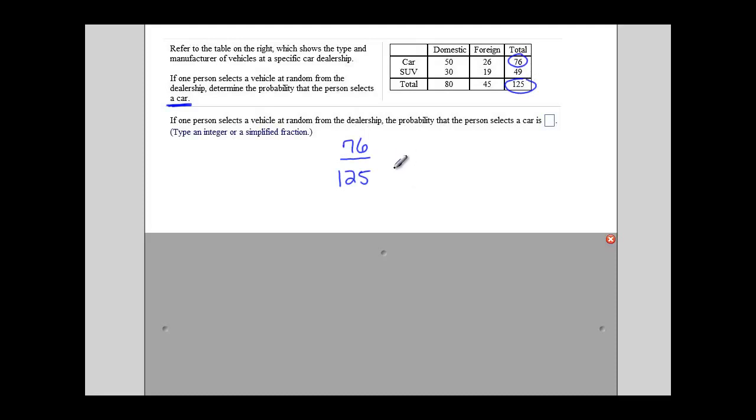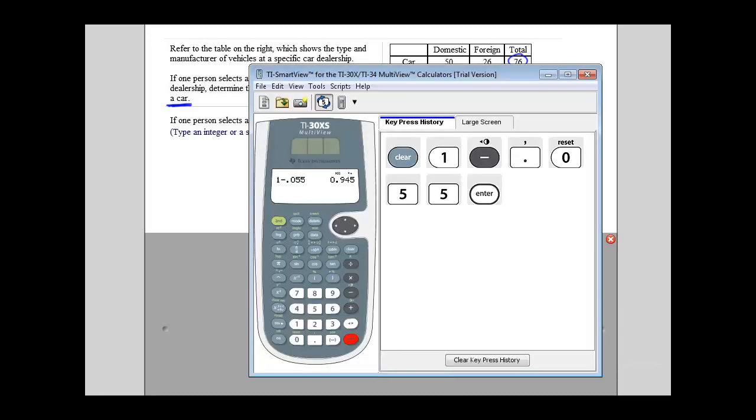Then we can check to see if there's a common factor between 76 and 125. If you're not certain, because nothing really jumps out immediately, since 125 is not even, it has a factor of 5, but 76 does not, then we can use our calculator. 76 divided by 125.